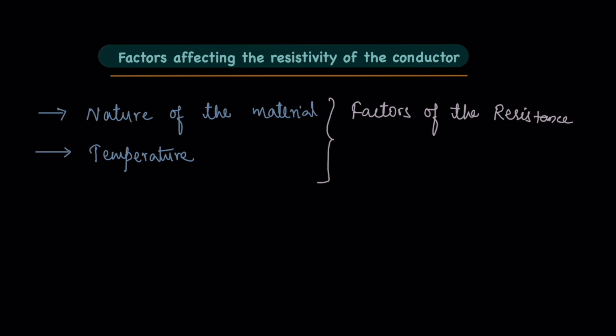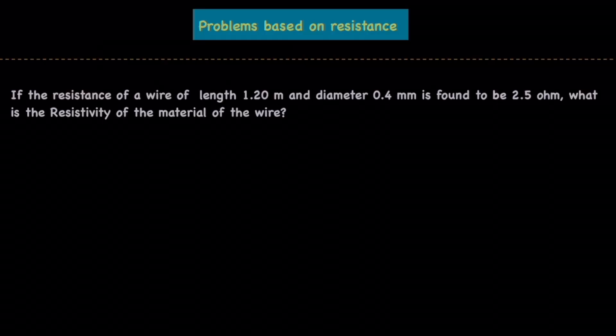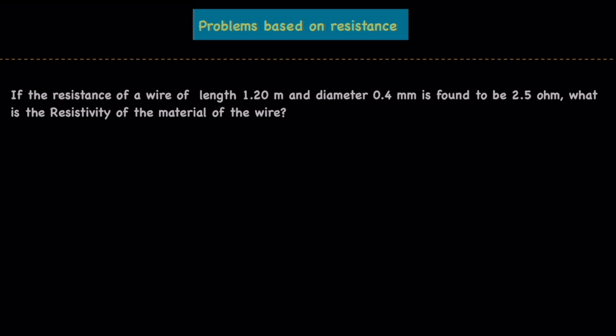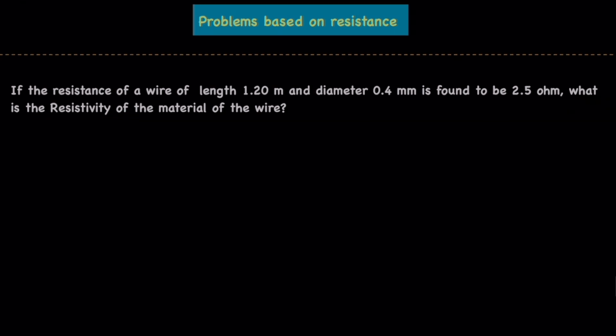Now we will solve a few questions based on the formula R is equal to rho L by A. Let's try this question. In this question, the length of a wire is given as 1.2 meter and the diameter is 0.4 mm. The resistance is 2.5 ohm. Find the resistivity of the material. So according to the question, the given values are length 1.2 meter, diameter 0.4 mm.